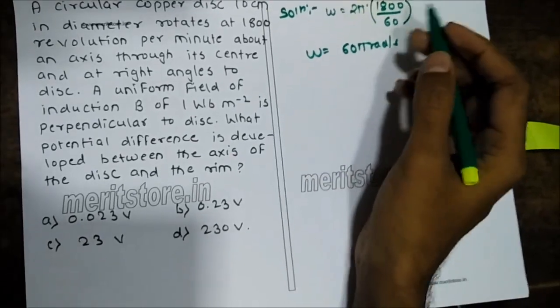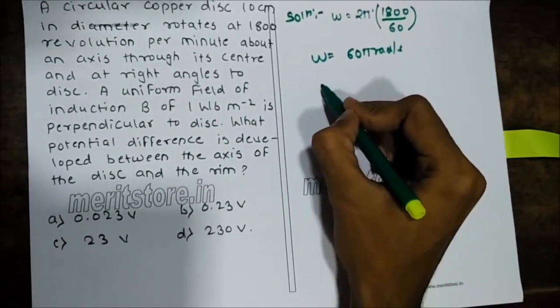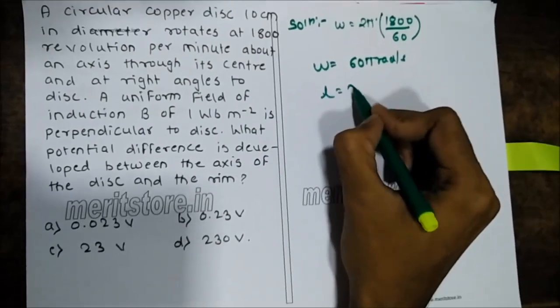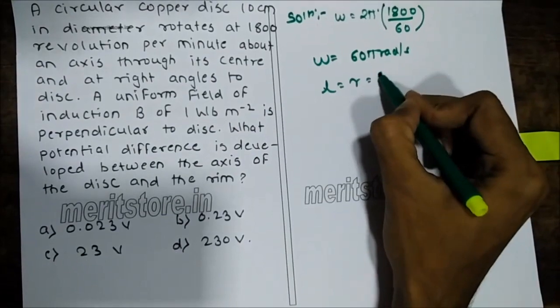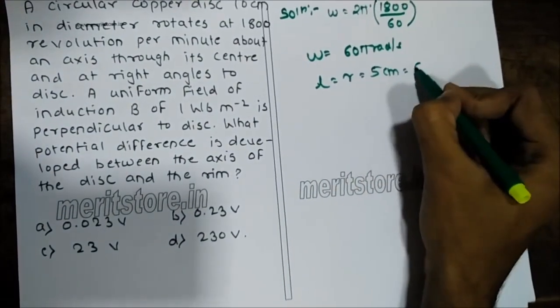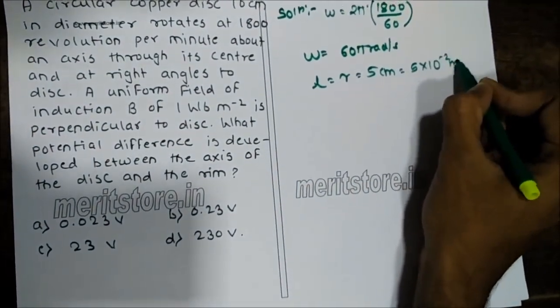Next, we have the length, that is equal to the radius of the disc. The diameter here is 10, so the radius will be 5 centimeters, so that becomes 5 into 10 raised to minus 2 meters.